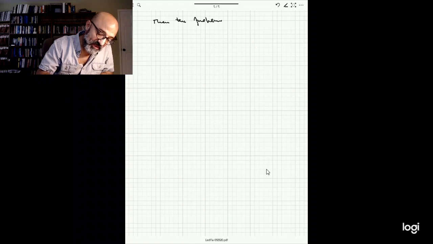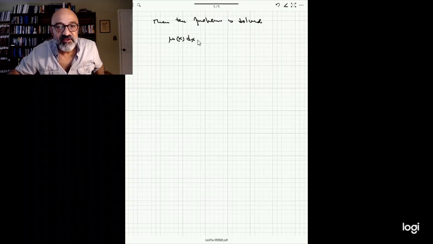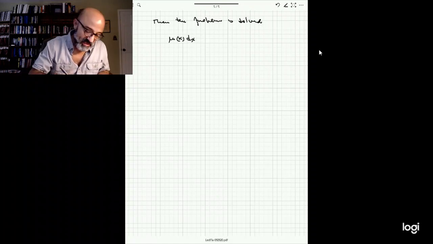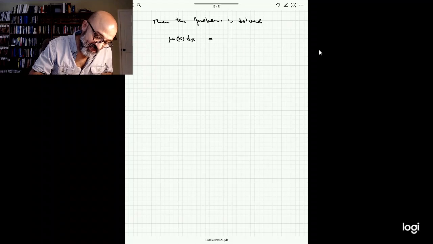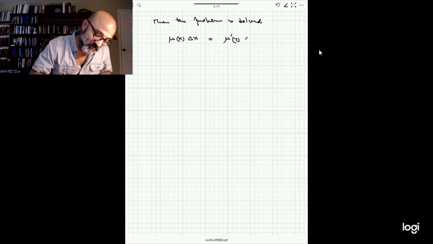The problem is solved because mu x dx, the probability in the little volume dx, is actually the same as the probability mu prime in the little volume. Let's write it in the coordinates y.